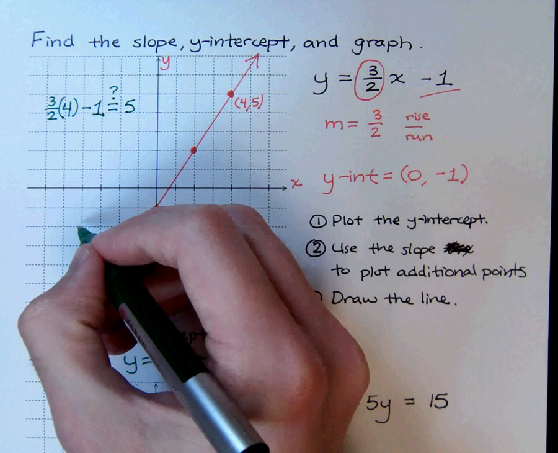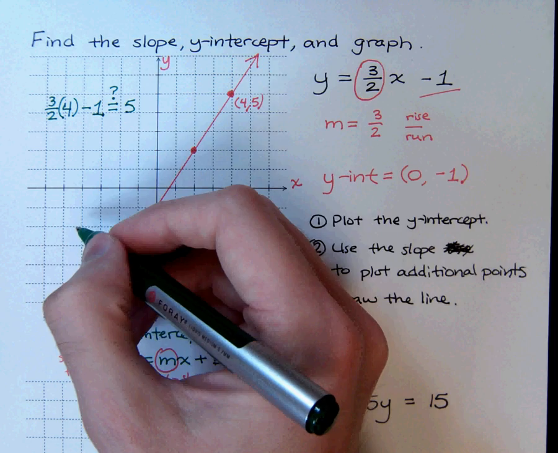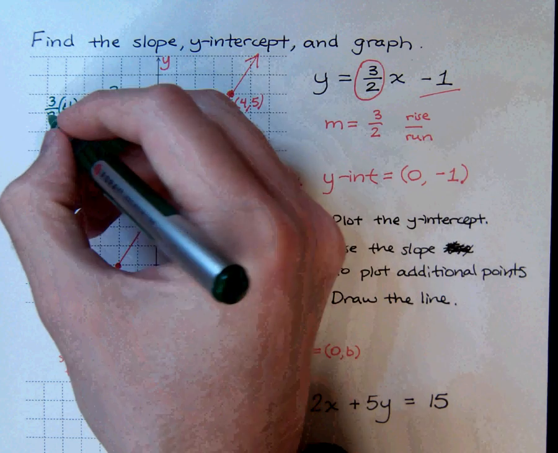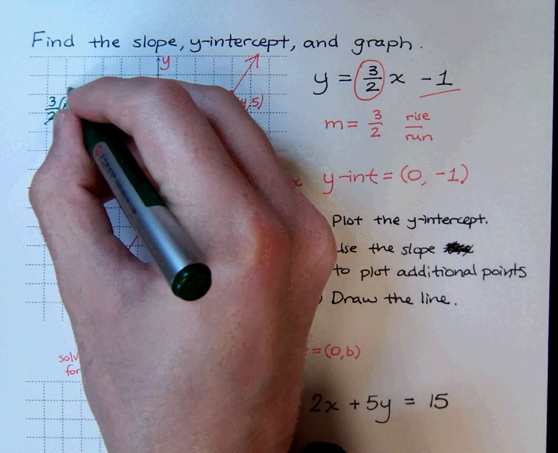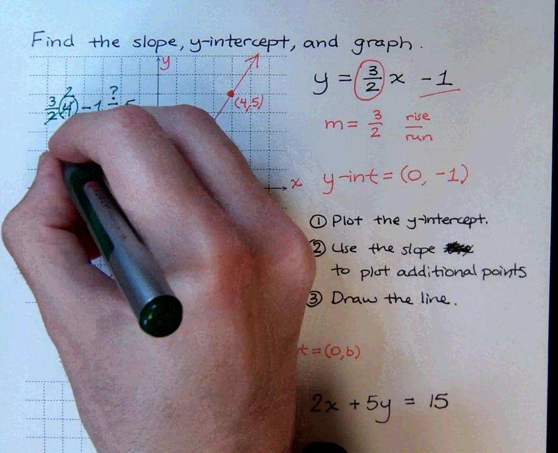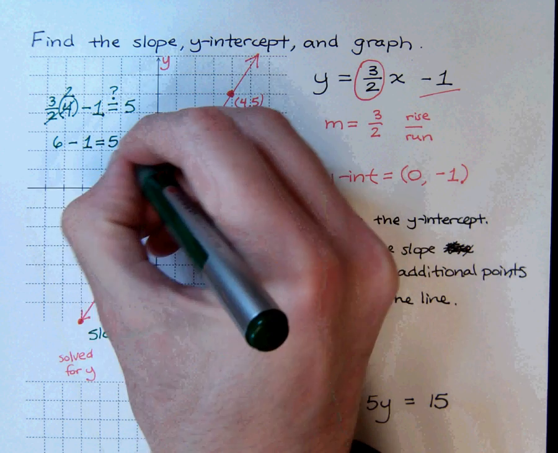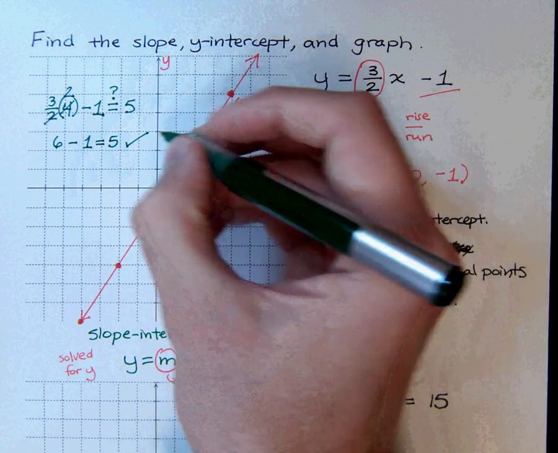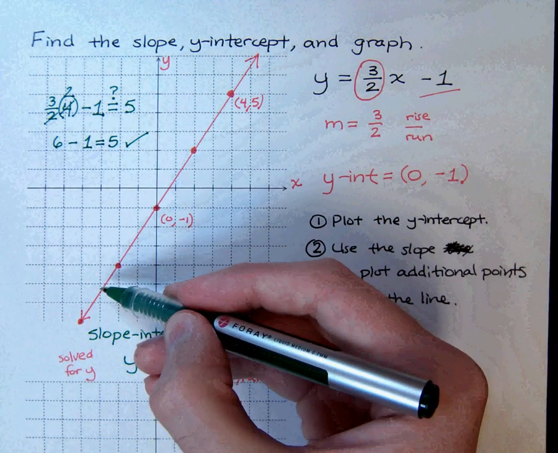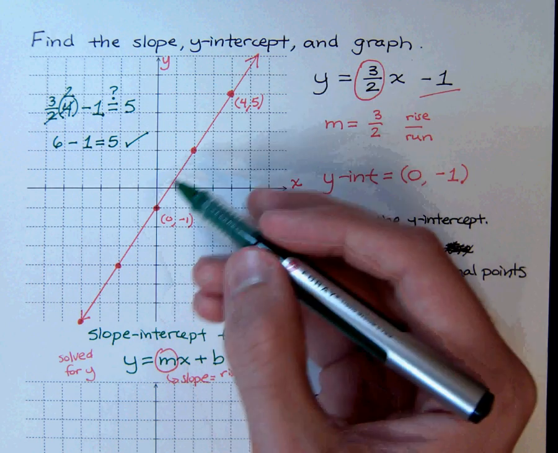Is this true? If it is, we should be in pretty good shape that this is the correct line. The 2 is going to cancel with the 4 to give me a 2. So I have 6 minus 1, which of course equals 5. So yes, I feel good that this is the correct line. Always pick points on here to check your work.